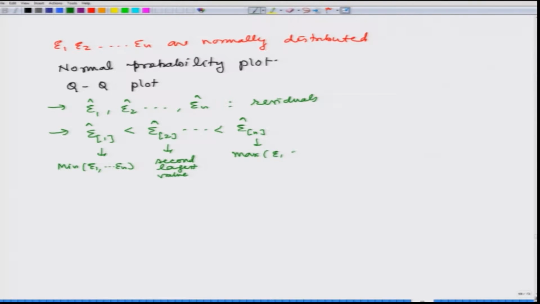So, these are essentially our ordered residuals.